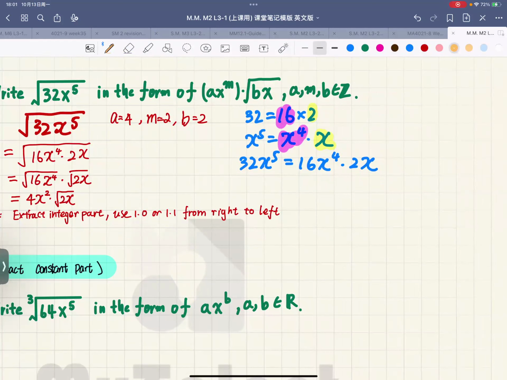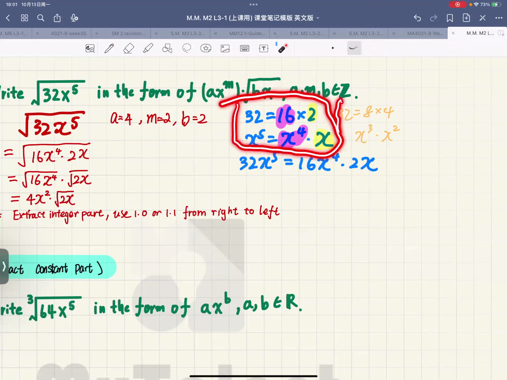I can break it up as x to the power of 3 times x to the power of 2, right? I can break 32 up as something else. Think about why we break it up like this instead of this, right?